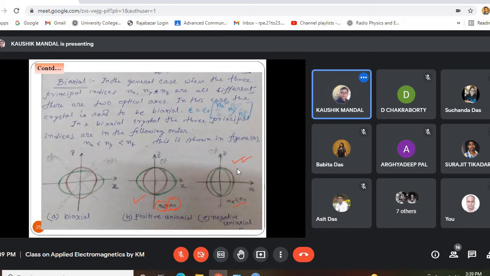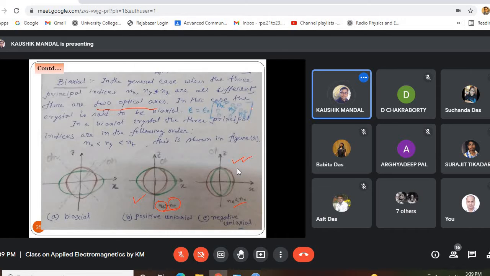And before that, next come to the point of biaxial. Now in case of biaxial crystal, obviously what will be the number of optical axes? Number of optical axes should be two, and in that case the refractive indices, that is Nx, Ny and Nz, are not equal, all are different, that is Nx not equal to Ny, not equal to Nz.